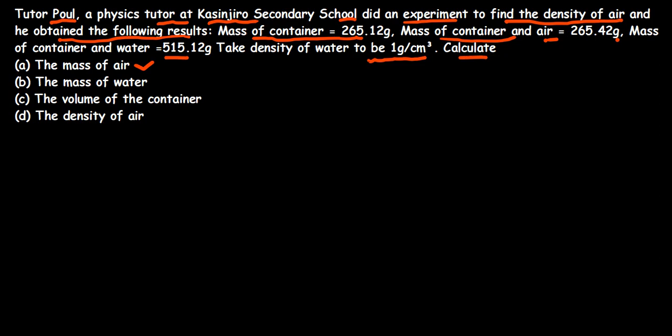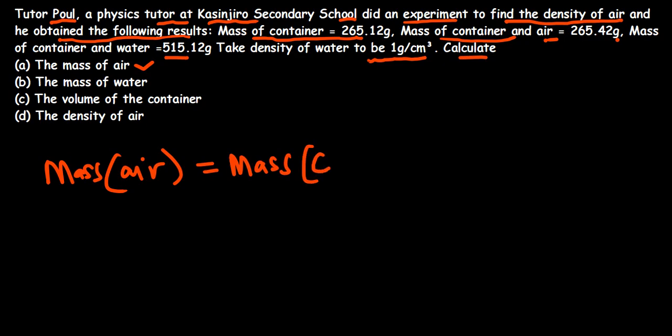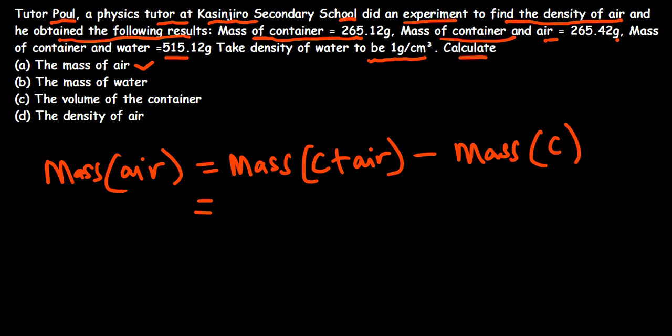Okay, so how are we going to calculate the mass of this air here? I'm going to say mass of the air is simply equal to the mass of the container plus air, and then we subtract the mass of the container. So the mass of the container and air we have 265.42.